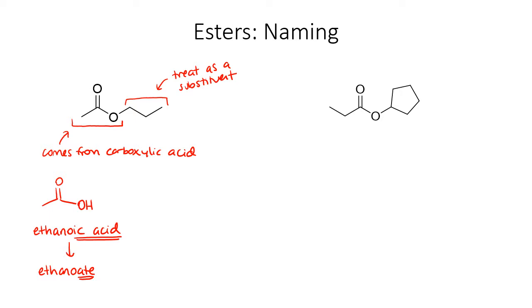Now as usual with naming, we're going to start with the name of the substituent, which is a propyl group. So the full name for this molecule is propyl ethanoate. Now you might recognize this name also can be acetic acid, and that is the common name.